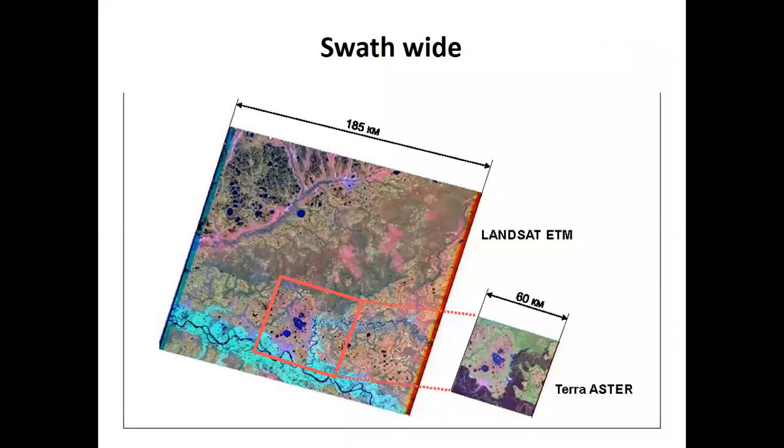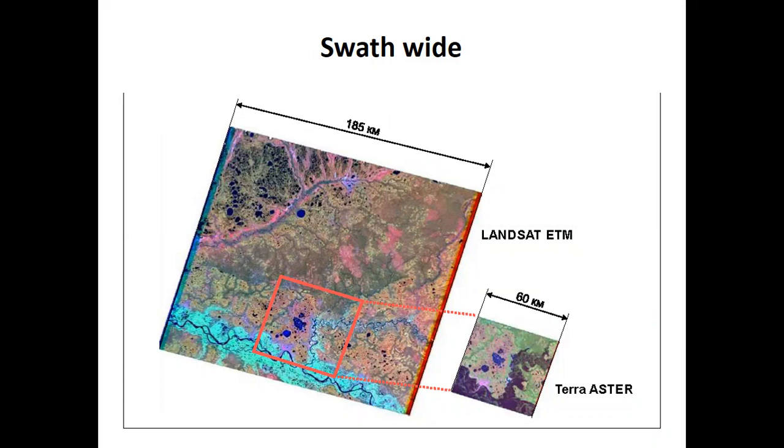Another important parameter is the swath height, the height of a stripe shot from a satellite over a single pass. And with the same resolution, sometimes the height of this stripe could be pretty different.